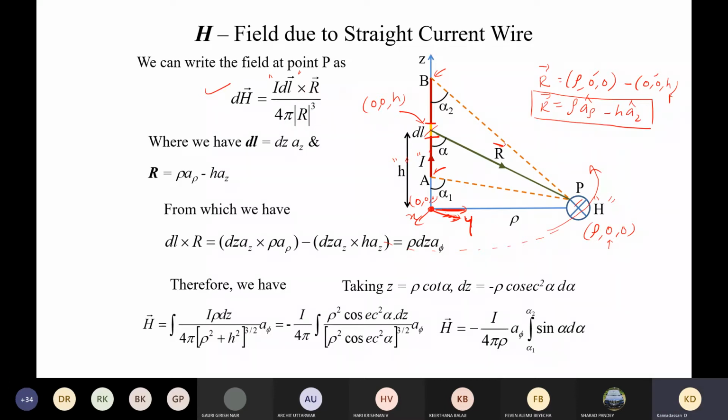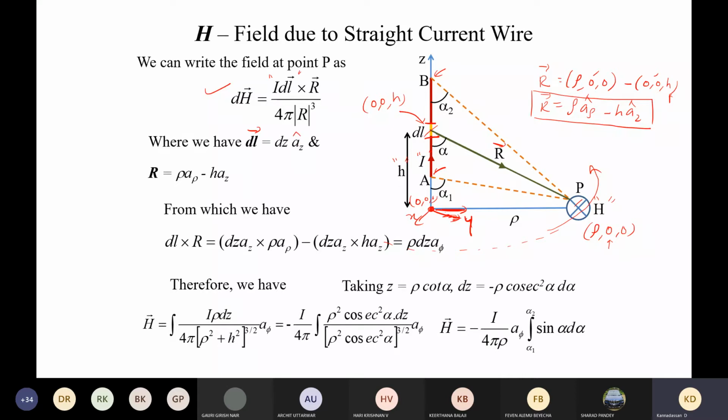So this is the simple Biot-Savart law. And here, what is this dl? dl is nothing but a small current element along a small length of the line along the z-axis. So we can easily define this dl vector as dz into a z vector.